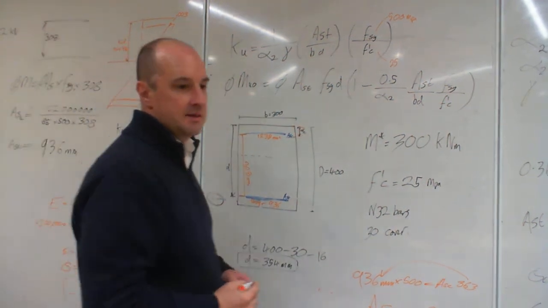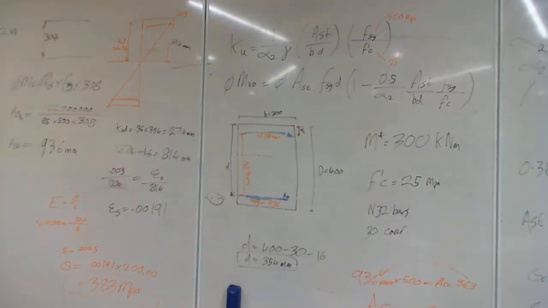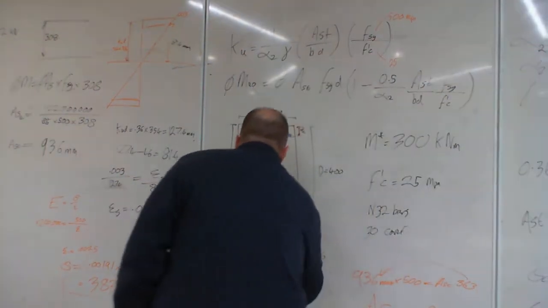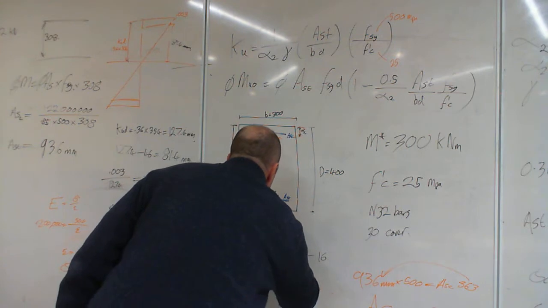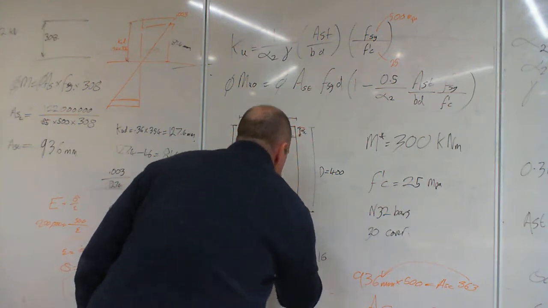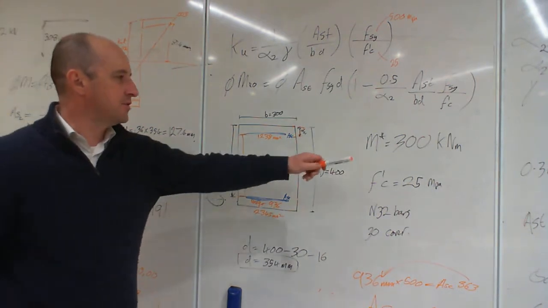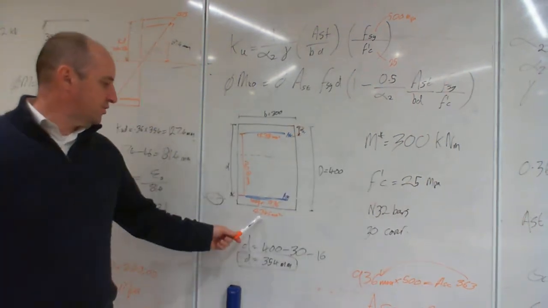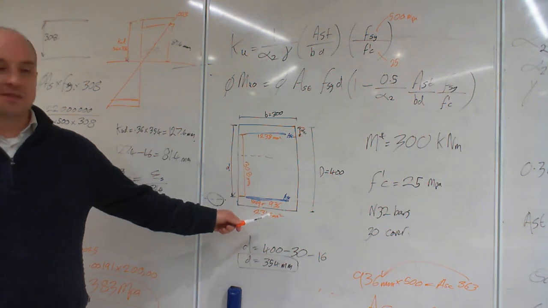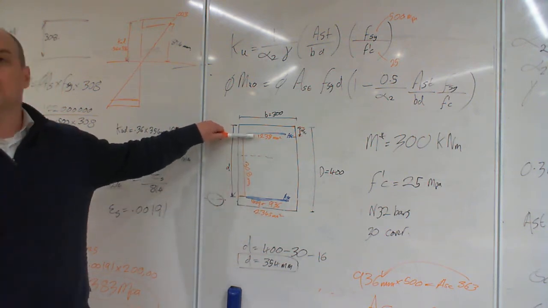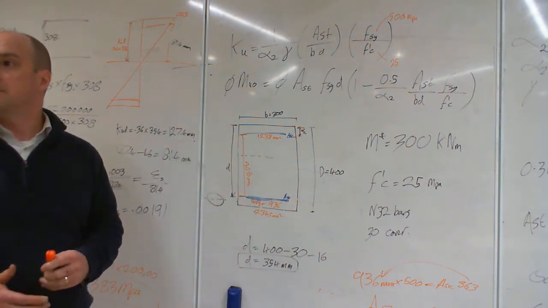And that is 2,345. And that's the answer. If you want that beam to carry 300 kilonewton meters, you need 2,345 square millimeters of steel on the bottom and 1,238 square millimeters of steel on top.